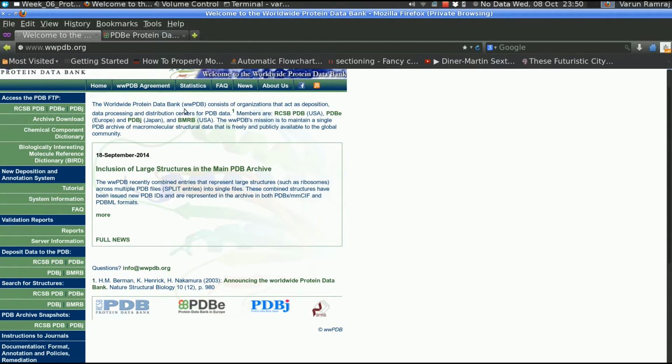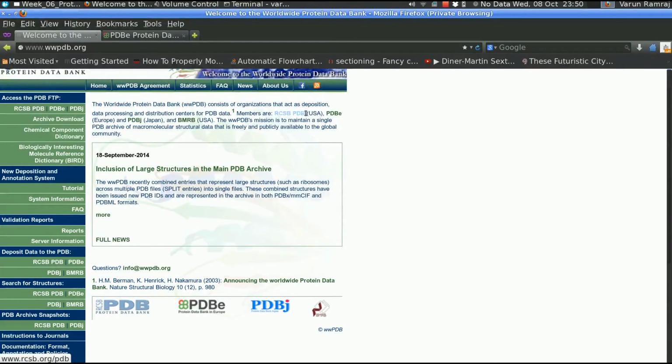It acts as a centralized location, but generally you'd be accessing one of these mirrors. Now actually there is a fourth mirror that's just been launched recently, but this is for a subset of the PDB, so we're not going to talk about the BMRB today. So for us, we do have the RCSB, the PDBe, and the PDBj.